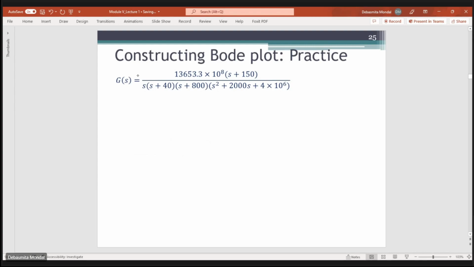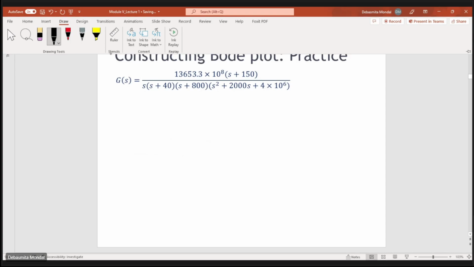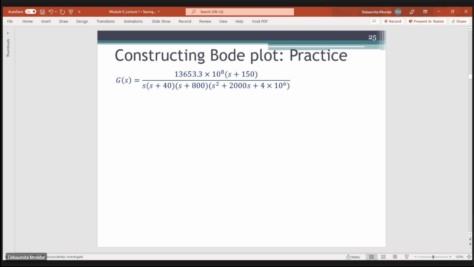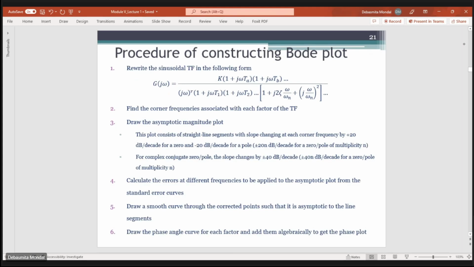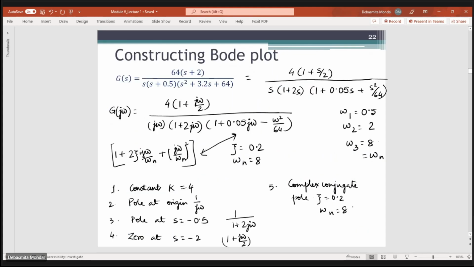So the first step is that you have to express the equations in the given form, like 1 plus j omega t, 1 plus j omega t1. In this form you have to express, and then find out all the corner frequencies and arrange them in the order of occurrence.